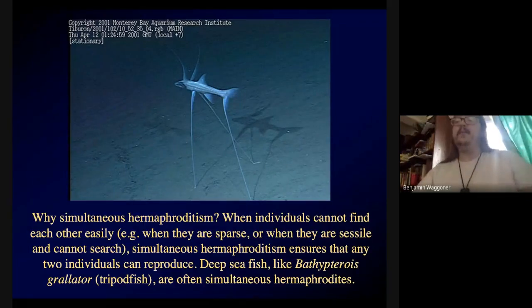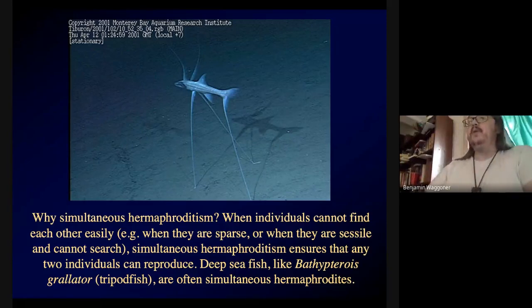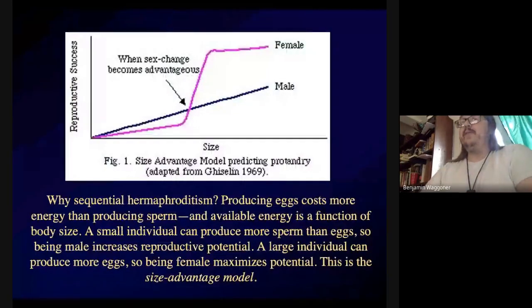What about sequential? A model that was worked out by Ghiselin in San Francisco points this out. To produce eggs costs more energy than producing sperm. That's very much obvious in critters with very large eggs. Think about it.